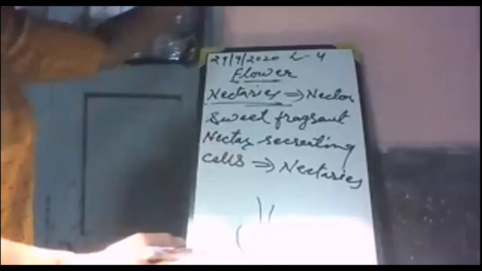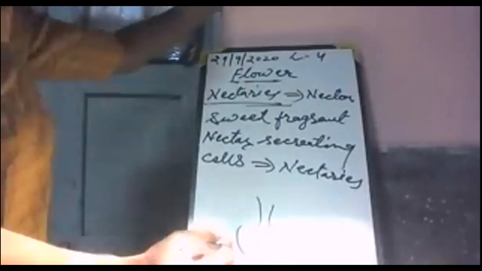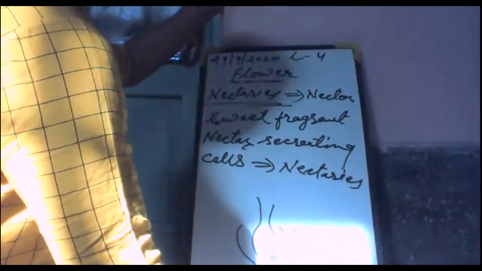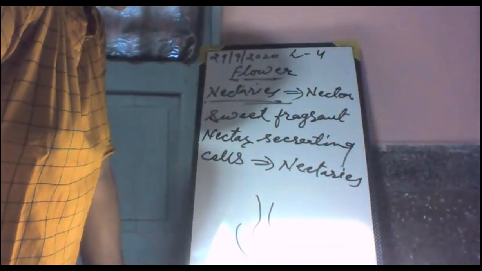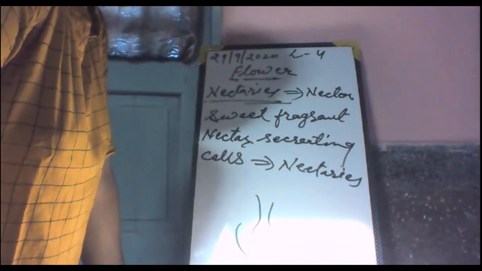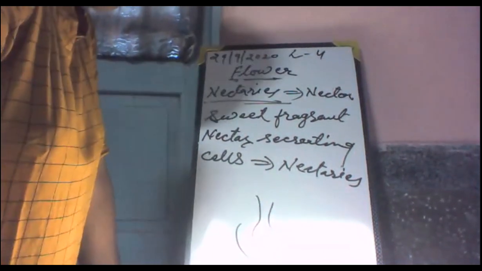The nectar attracts insects like honeybees and butterflies for cross pollination. These are nectaries, and they are most prominent in Nestidium.